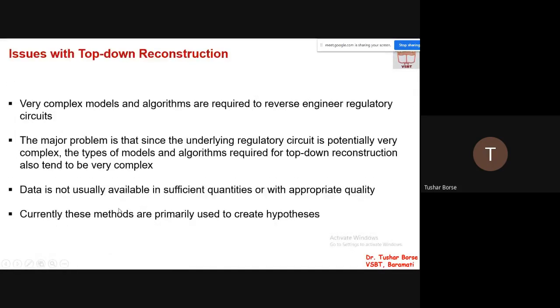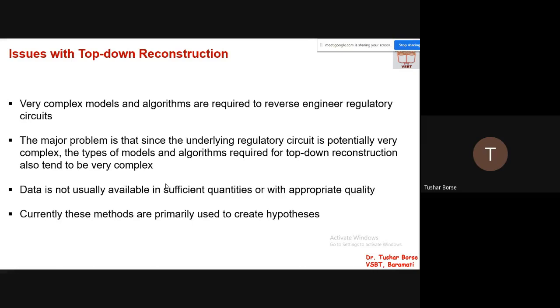But now there are many issues with this top down reconstruction. What are those issues? These are very complex models, and the algorithms which are generated are again complex. Now why are they complex? See, we are relying on what? The high throughput data.